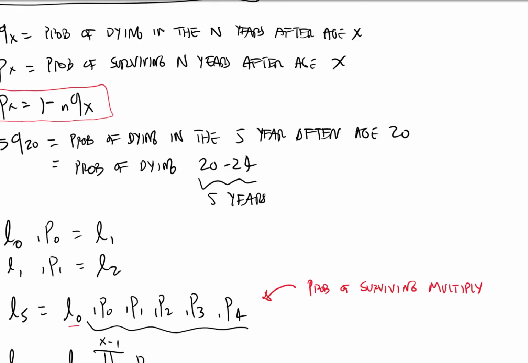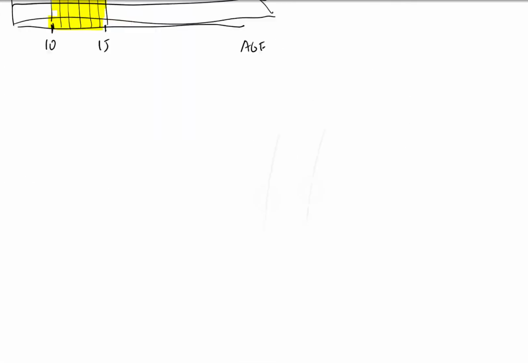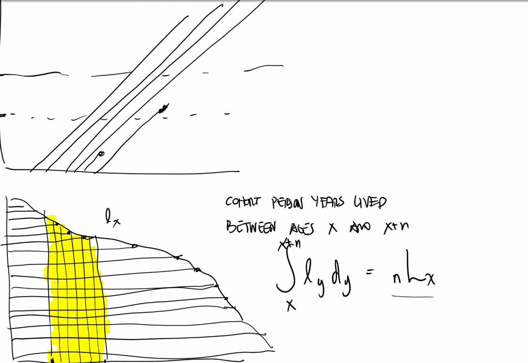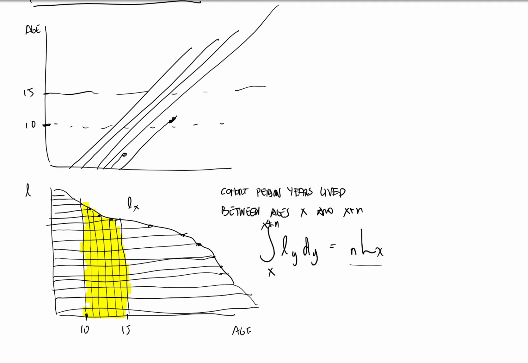We have a conceptual way to do that, which is as this integral of the L of x curve. I guess what I should do is, because we're talking about a function, in that case I should be using my functional notation.